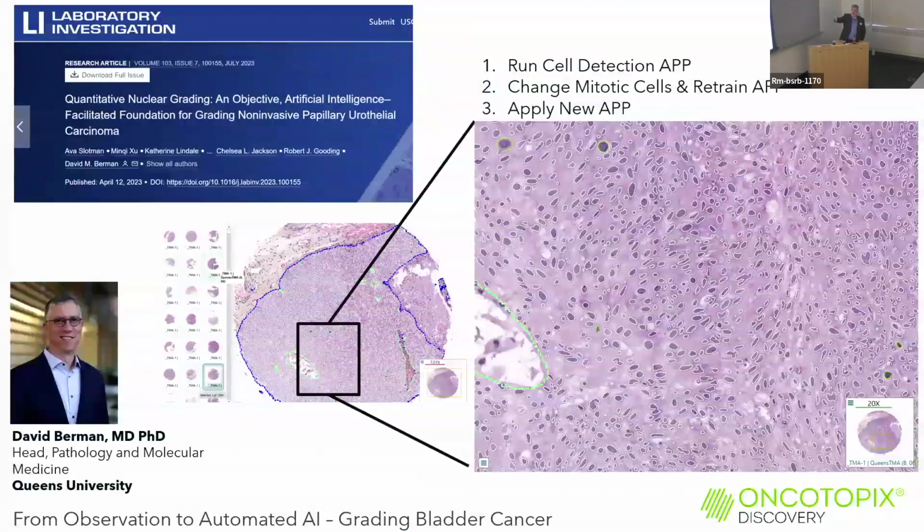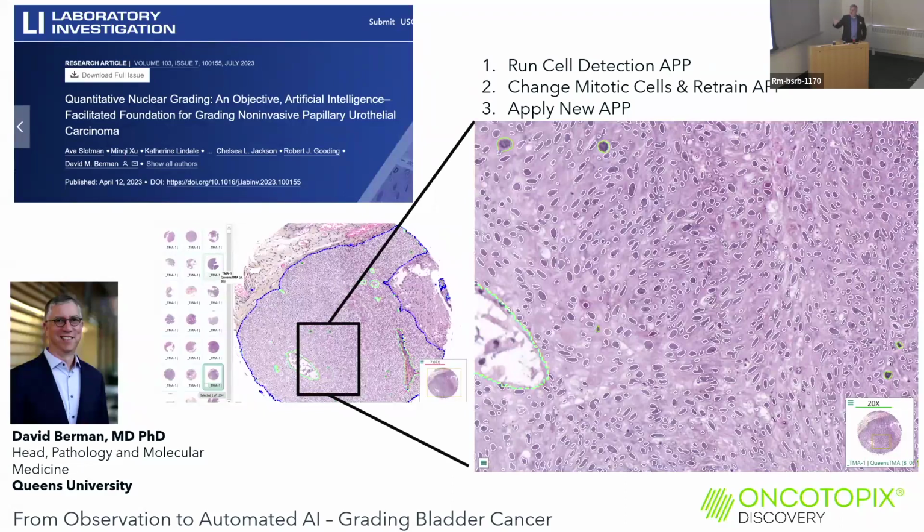Incidentally, we also had it learn what the difference was in bladder cancer. The David Berman story is really exciting for me because this is a pathologist who, looking down the barrel of his microscope, noticed differences in the different staging of bladder cancer patients. He just couldn't quantify it. And he said, I need an AI that'll help me understand the differences between these patients. I know physically I can see this, but fundamentally, I don't want to pull a ruler out under my microscope and start measuring every single cell.